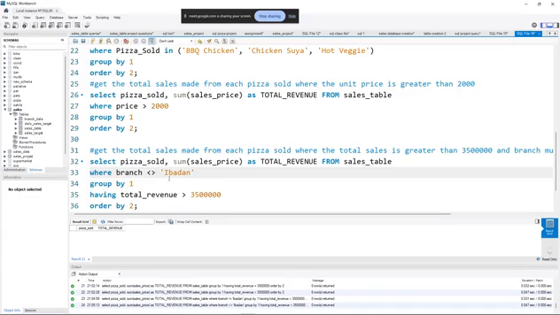Where branch must not be Ibadan. It's not throwing an error, but it's not giving out anything. So I think there's no condition satisfying this. Okay, let's use where branch is equal to Ibadan.